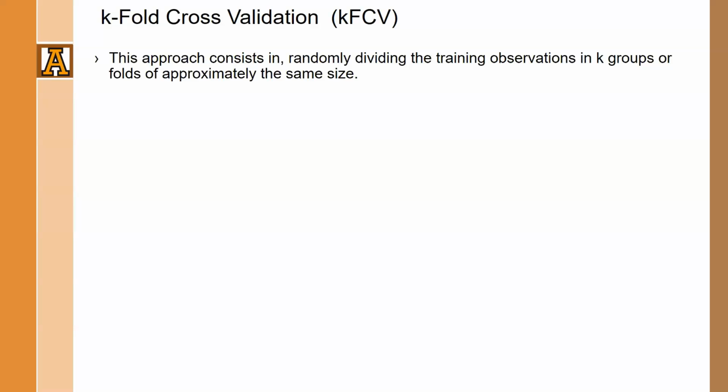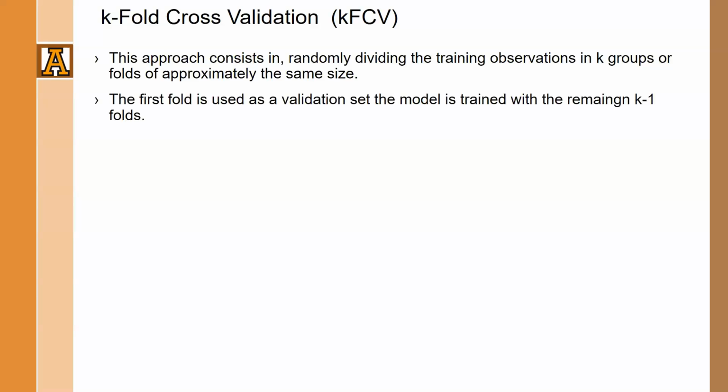The k groups are approximately the same size. So if I divide it in 10 groups, that'll be tenfold cross-validation. I divide the training set in 10 groups. Then I use the first fold. Each one of these 10 groups is going to be a fold. It's a tenfold cross-validation, so each group is a fold.